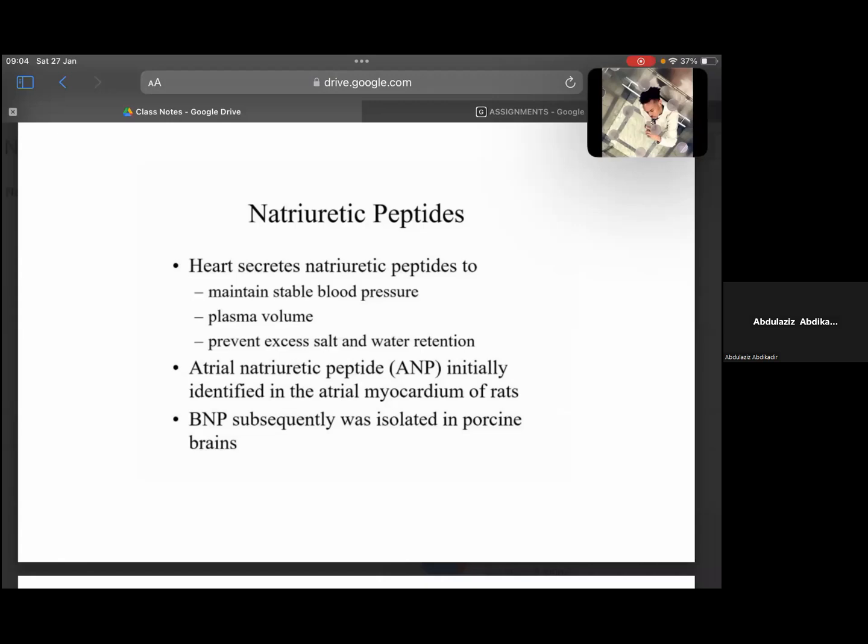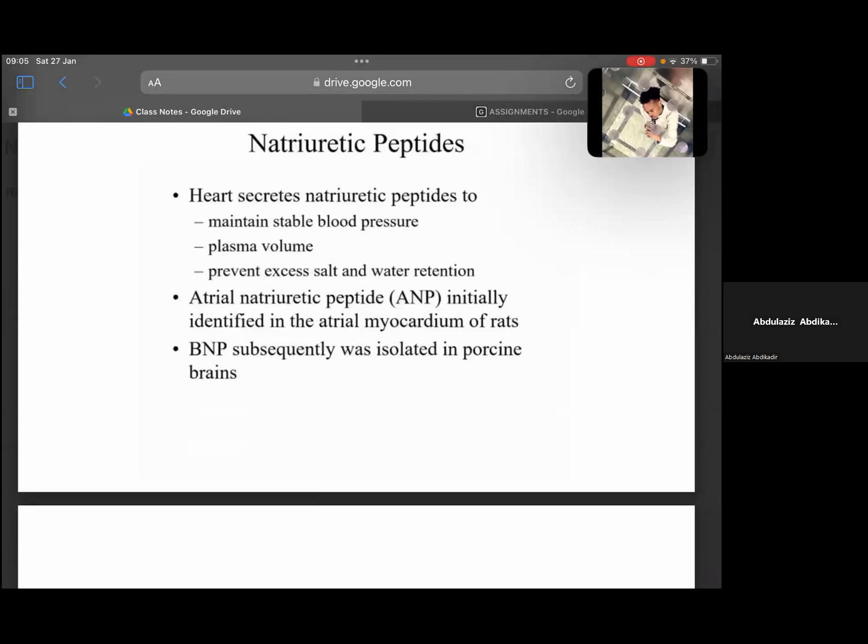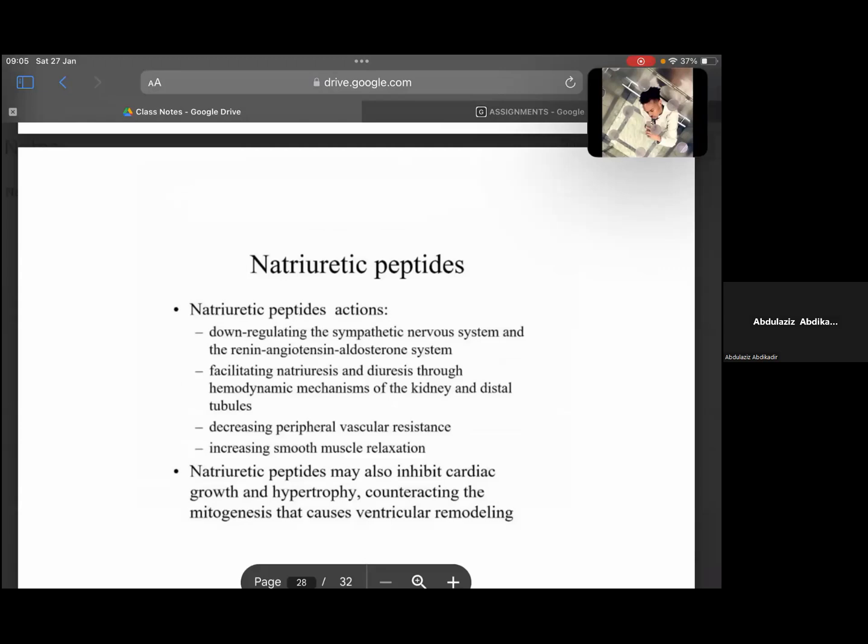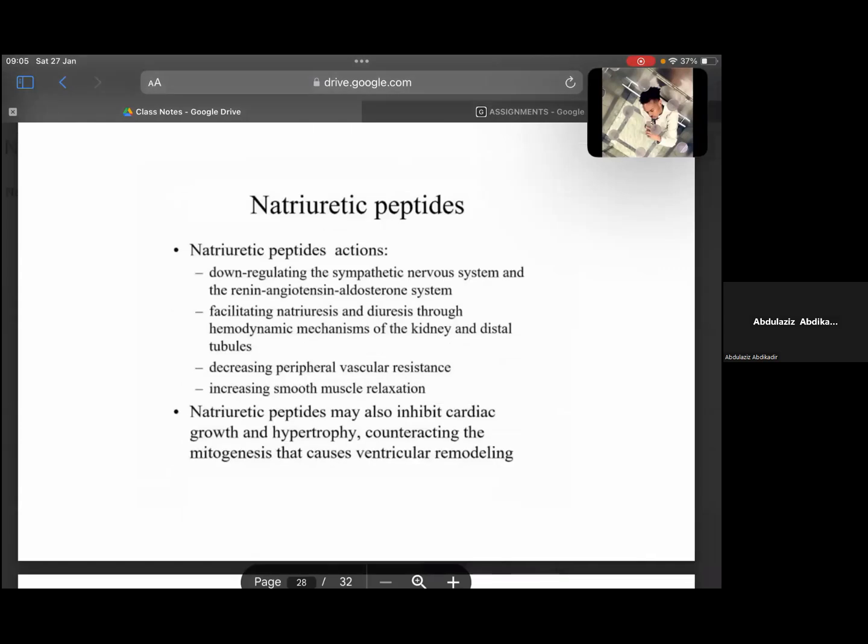I told you in other texts you'll find ANP, or BNP, just some out of academia. One was found in the atrium, one was found in the brain. I told you it's the opposite, down-regulating. Remember, angiotensin will cause peripheral vascular resistance. Then the RAS will tell the sympathetic system to cause vasoconstriction.